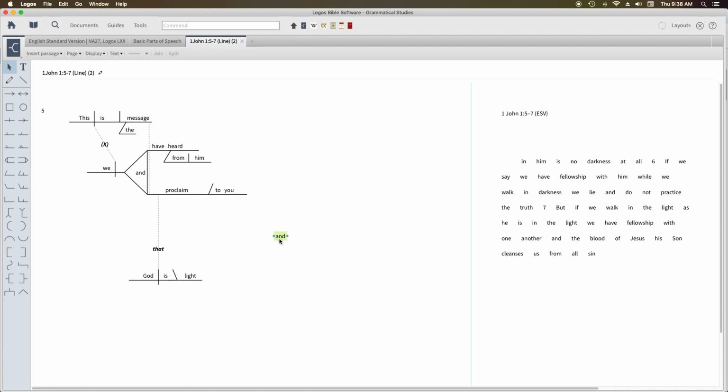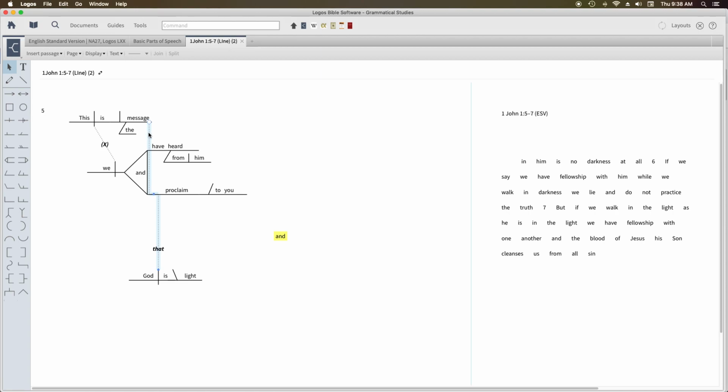I would say that it's going to be a coordinating conjunction, because it's linking message, really, and this together. It's actually linking kind of all three of these. The way we want to do it is we want to get a line.